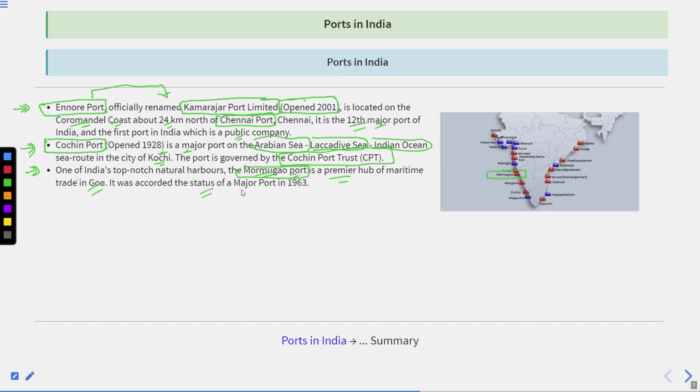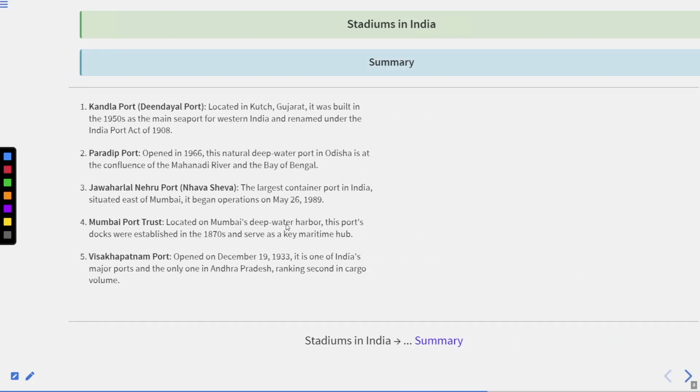Okay, and accorded the status of major port in India in 1963, because we got independence from the Britishers in 1947, but the Portuguese left the country nearly about 1962 and the beginning of 1963. So once we got Mormugao back, we renamed it a major port in 1963.